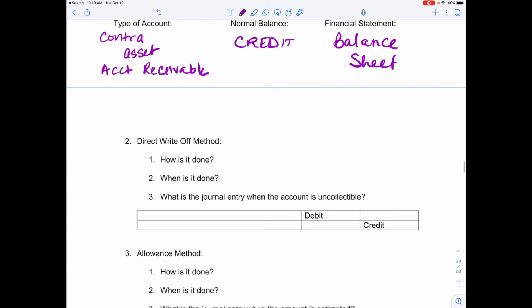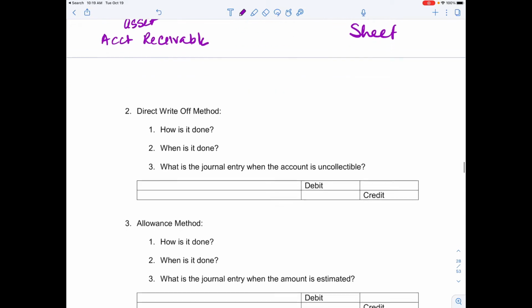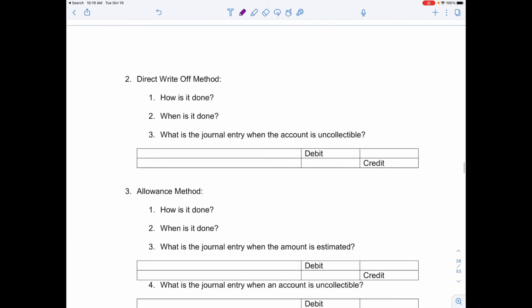So let's look at these two different methods of valuing your accounts receivable. The first one is a direct write-off method. It does not follow GAAP, so you're going to have to use this if your accounts receivable is very minimal to your financial statements. So how is it done? We wait until we realize someone's not going to pay us. We're going to then expense the account. When is it done?